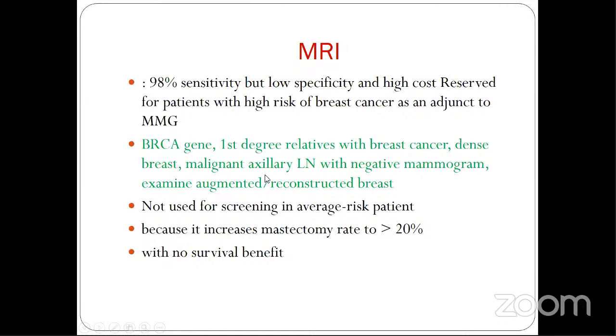Patient comes, she did augmentation or reconstruction of the breast, we will go for MRI. We will not use it for screening in average risk patients, with no survival benefit because it increases the mastectomy rate up to 20% because of radiation.